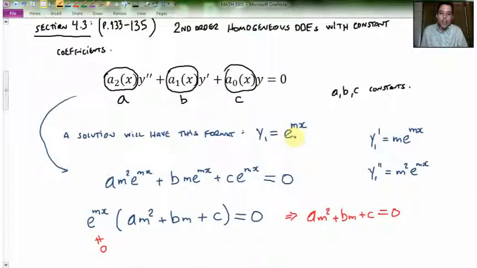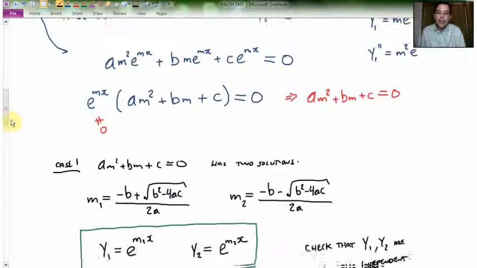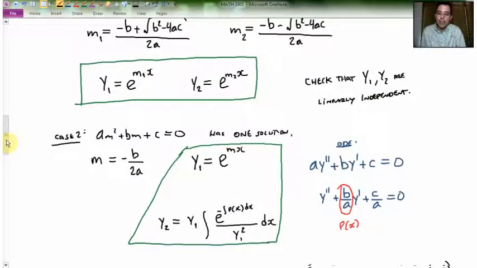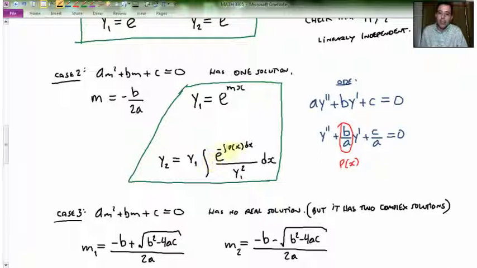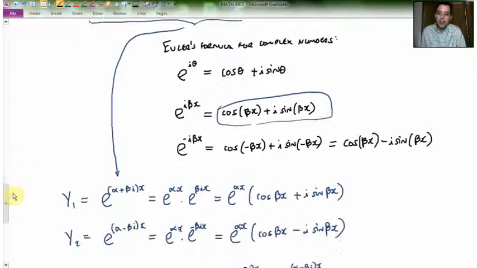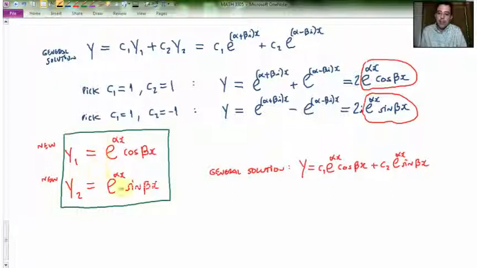Because the solution has this format, you can simply solve am squared plus bm plus c equals 0. If you solve for m, then you have these three cases. If you have two m's, then that's the solution. If you have just one m, you can get the second one from here. And if you have complex numbers for your m, then you can use that.